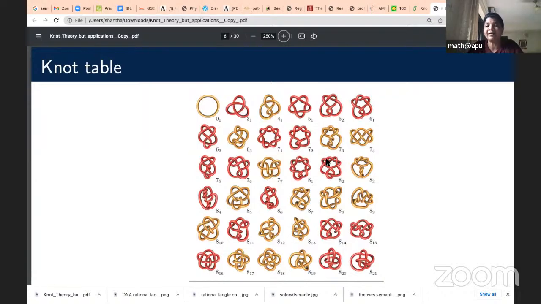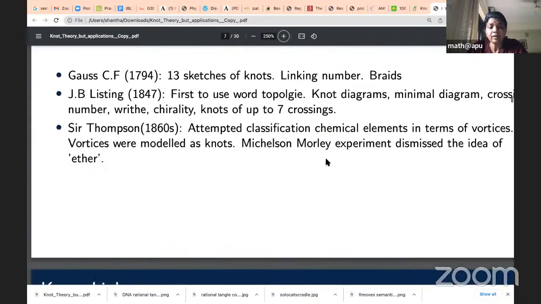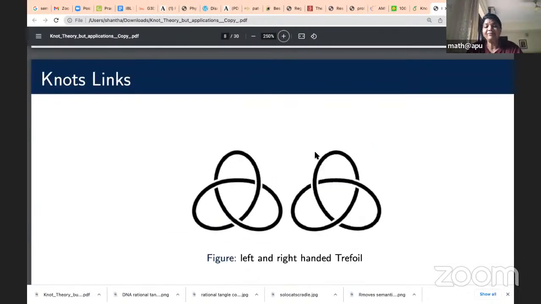Clearly, in our mind, we can think of many ways of getting those 3 crossings, right? So we are representing a one-dimensional object, which actually lives in R3, and we are projecting it to a plane. In this diagram, you can see that there are some breaks.